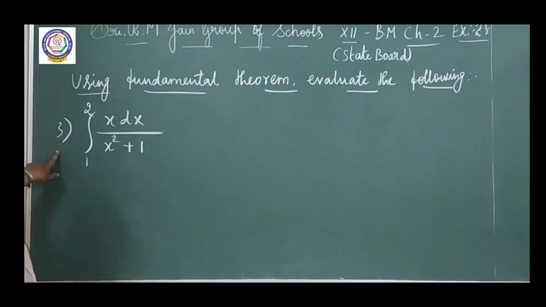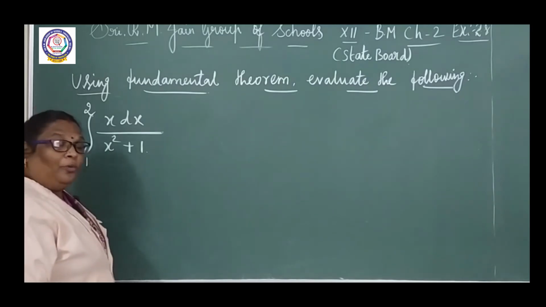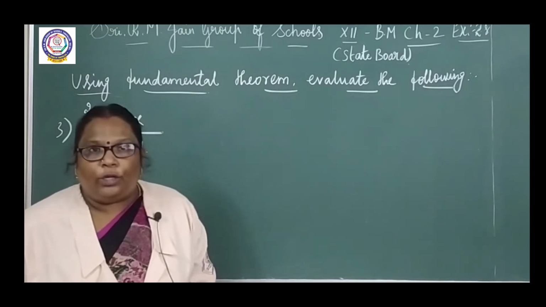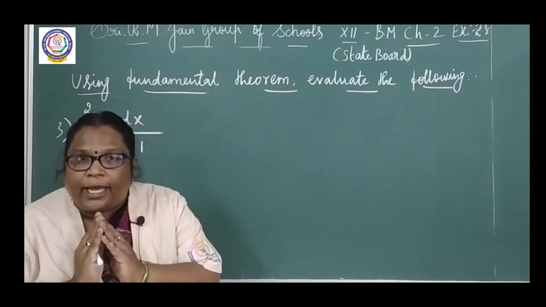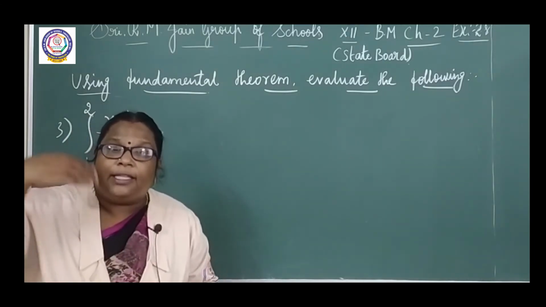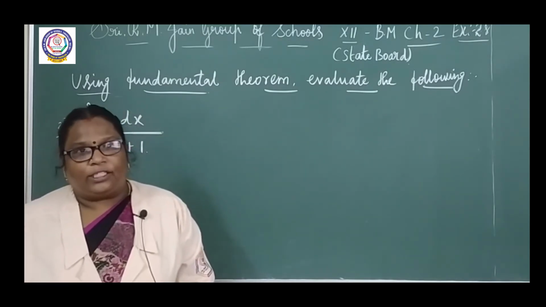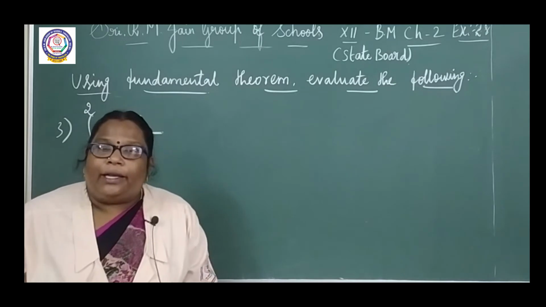See the third sum. Integral 1 to 2 x dx by x square plus 1. I told you before, if you have to see the value, you differentiate any one of the values, either numerator or denominator, and you get the next value. That value you can take as t.